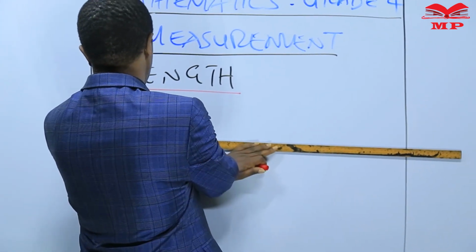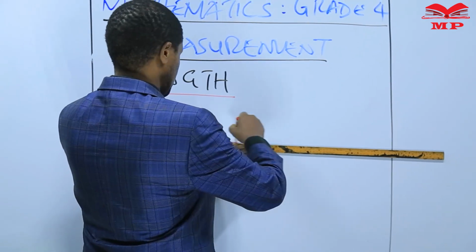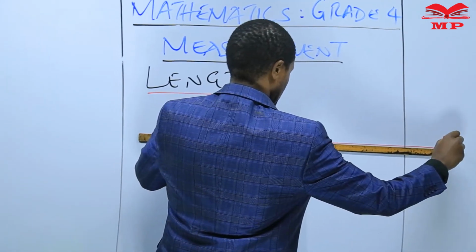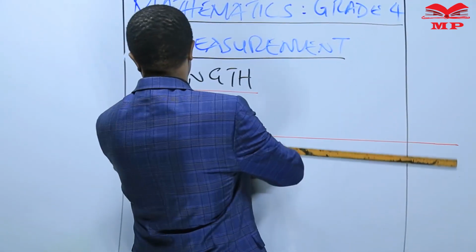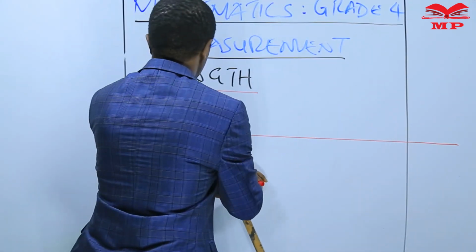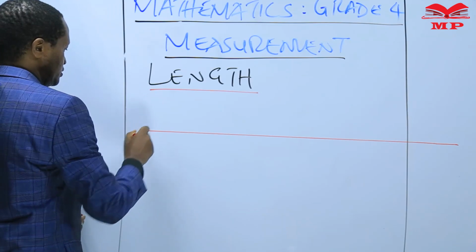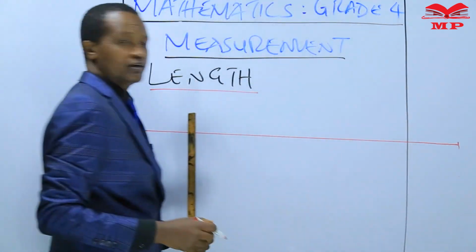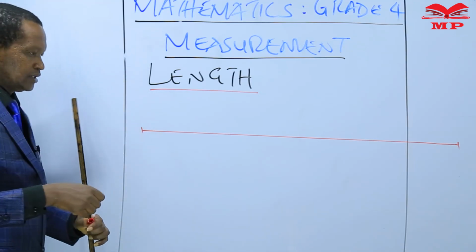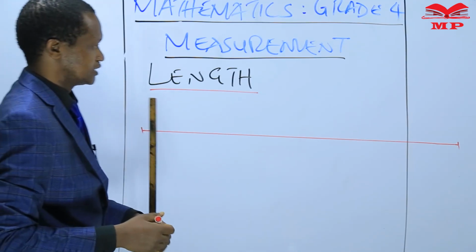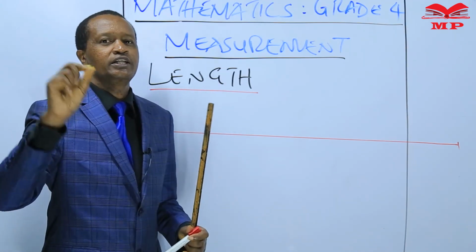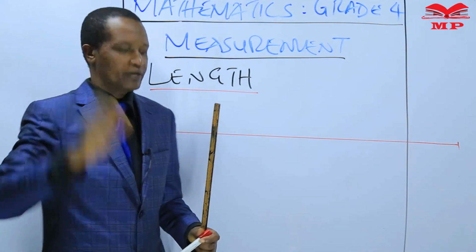Let me draw these rulers. This is 1 meter ruler. From this point to this point, that is 1 meter. And I've just said that a meter ruler is marked into 10 equal parts.